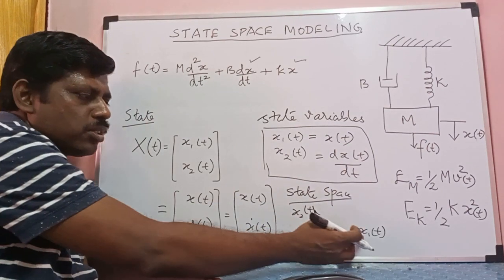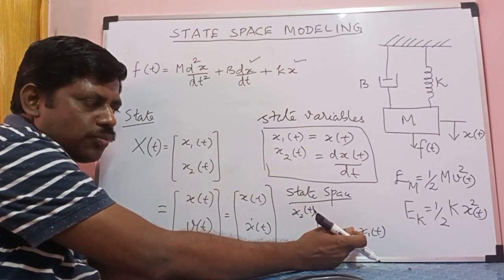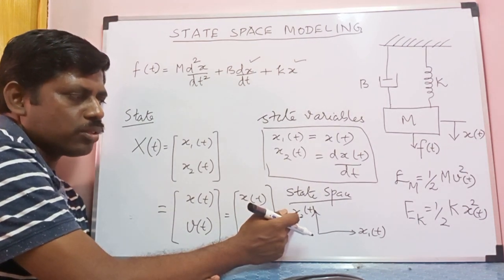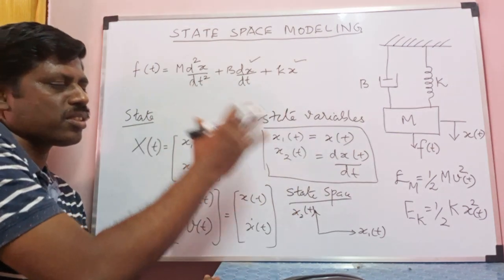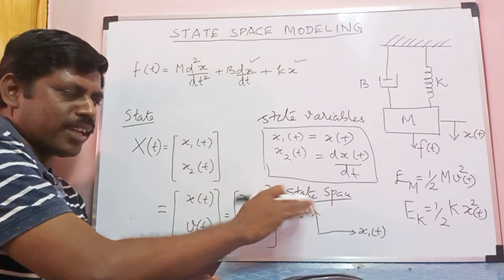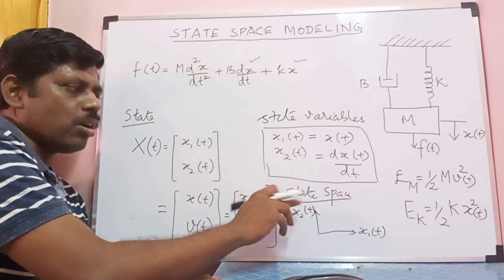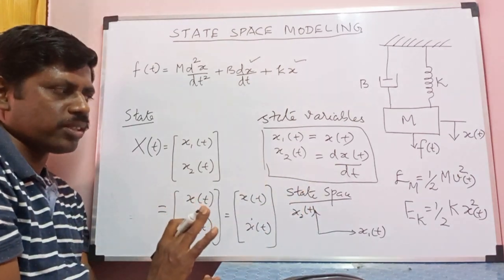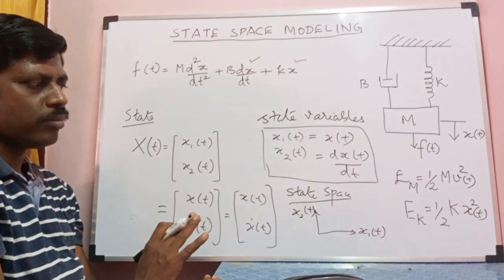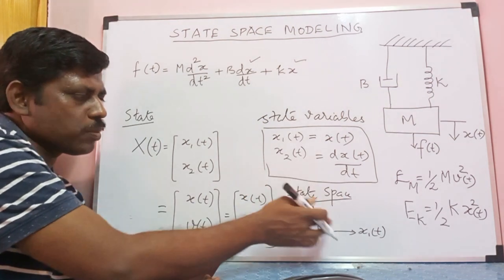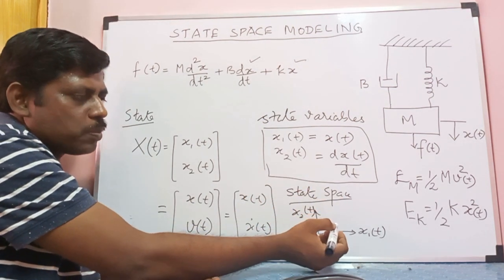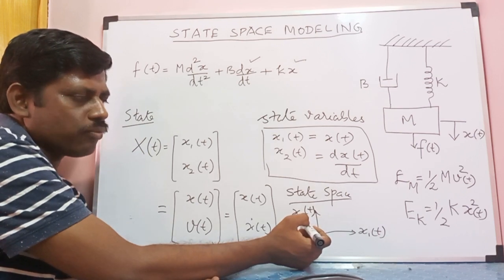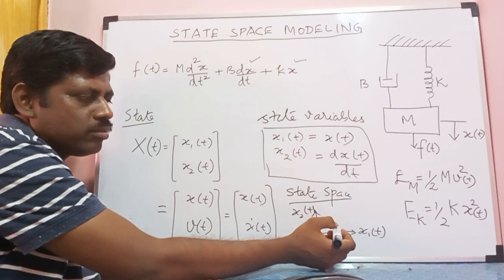In one axis I am going to take x1 of t and the other axis x2 of t. The dimension of this vector space is 2, so this is a two-dimensional system, and this vector space I am going to call the state space. In this state space I can mark the value of x1 of t and x2 of t at any time.